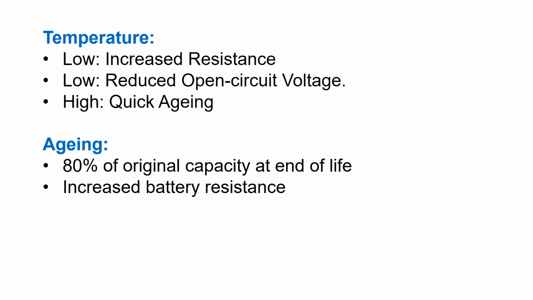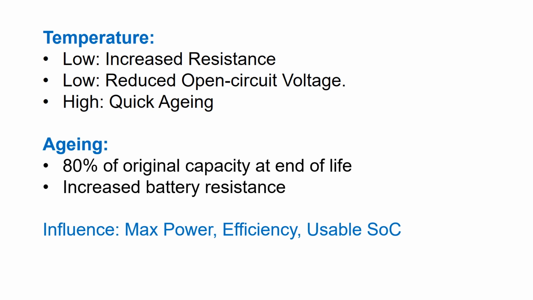At the end of life, the battery capacity is 80% of the capacity when it was new. The resistance also increases with age, often up to 200% relative to the value when the battery was new. These changes to the parameters will reduce the battery performance regarding maximum power, efficiency, and usable state of charge window.